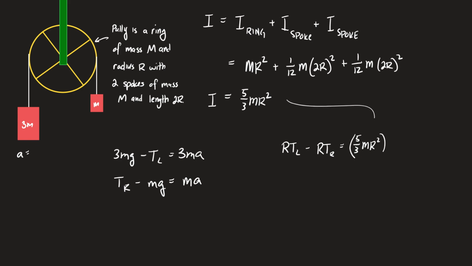That's the inertia of our rod and spoke combination. Times alpha, but again, I think we can replace alpha with a over r to put this all in terms of the linear acceleration. Now this reduces down immediately to TL minus TR equals 5/3 MA. And now you proceed from there with the same algebra. And yep, if you do your algebra correctly, 6/17 G.